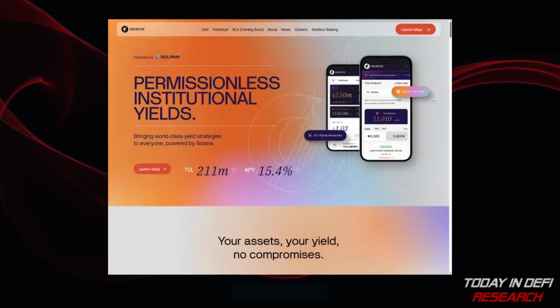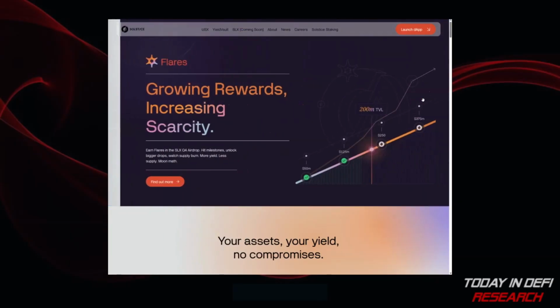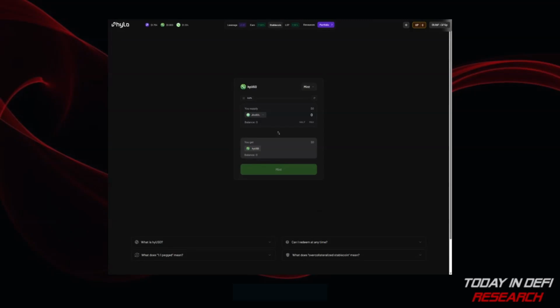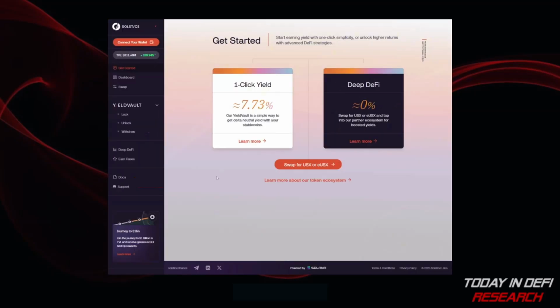So let's first look at how Solstice works and why it is different from Unitas or Hilo. Solstice is a very straightforward yield-bearing stablecoin. You deposit USDC and USDT, and the protocol will use your USDC and USDT to buy major cryptocurrencies, such as BTC, ETH, or Solana, and then deploy short-term futures against this position to make the overall portfolio delta neutral, and therefore farm the funding rates.